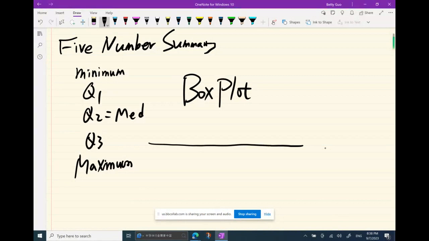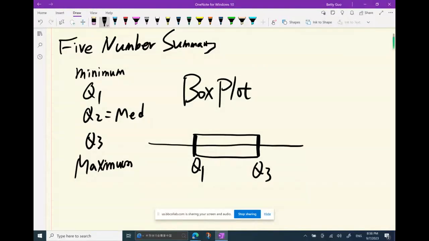A box plot has a box. The left edge of the box is Q sub 1. The right edge of the box is Q sub 3. Q sub 2 is somewhere in the box. So that's the box. The full name of the plot is box whisker plot. You know a cat has whiskers, right?